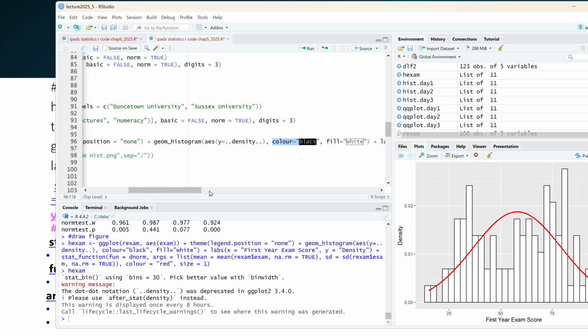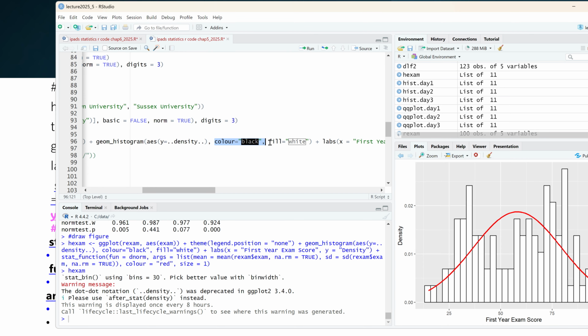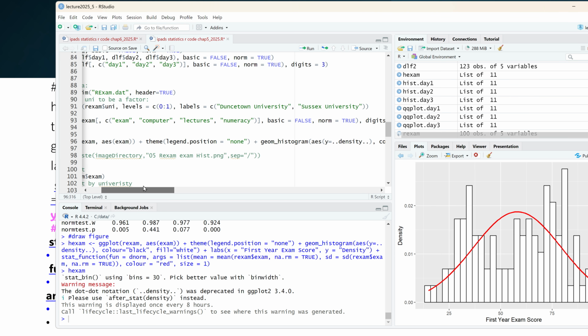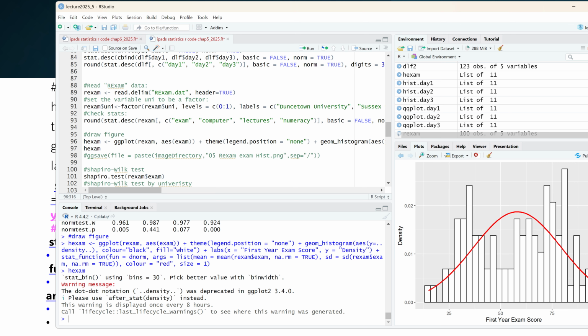The histogram color is black, and stat_function is dnorm. The arguments are the mean of exam and the standard deviation of exam, and the color is red. Then the red line is drawn. This is the result.